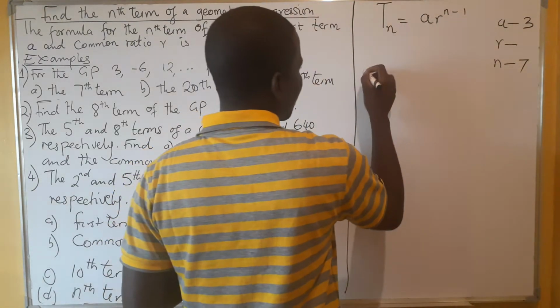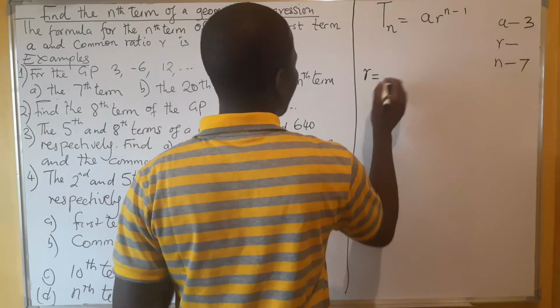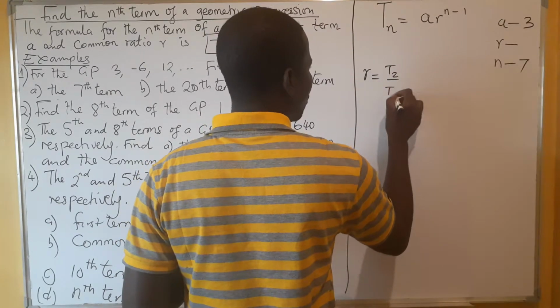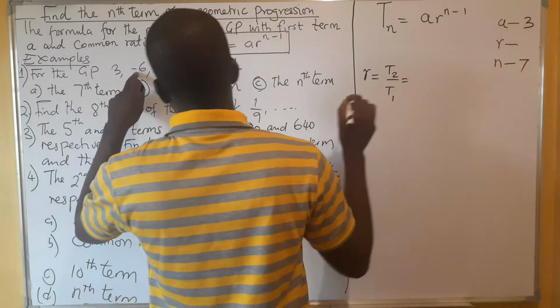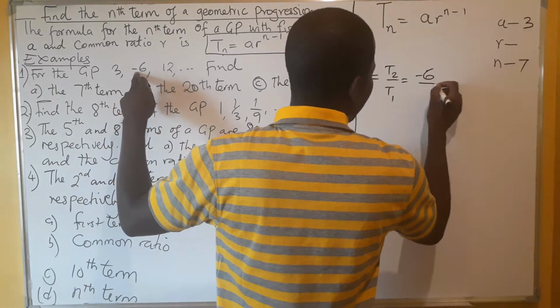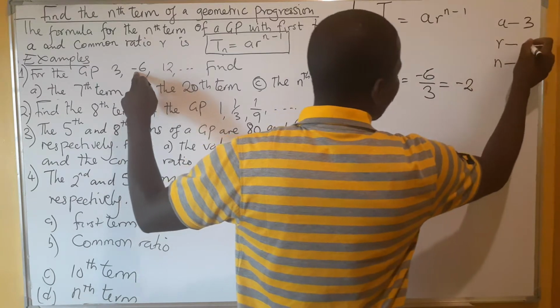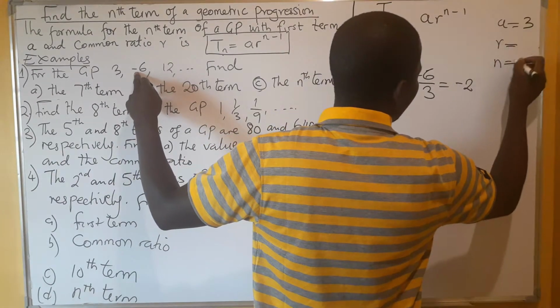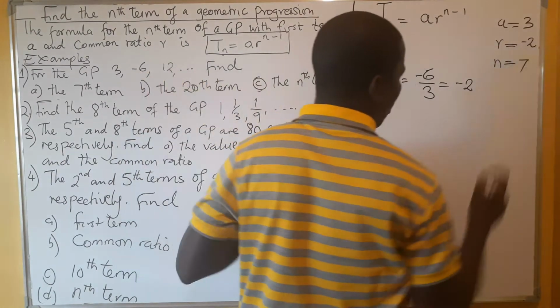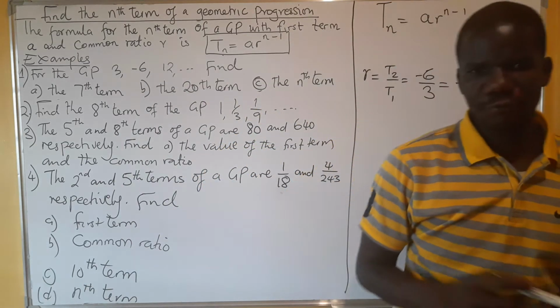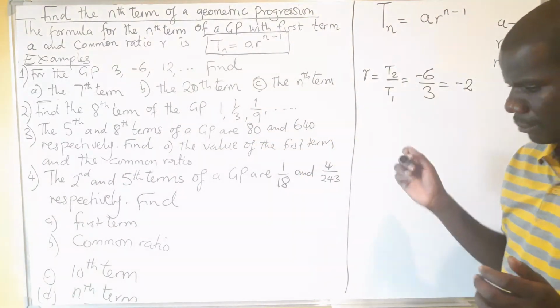We said common ratio is T2 divided by T1, which equals -6 divided by 3. What do we get? We get -2. So -2 is our common ratio.